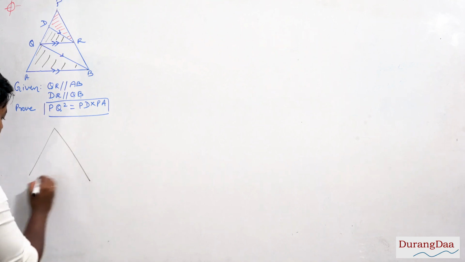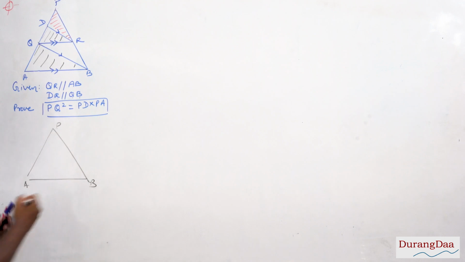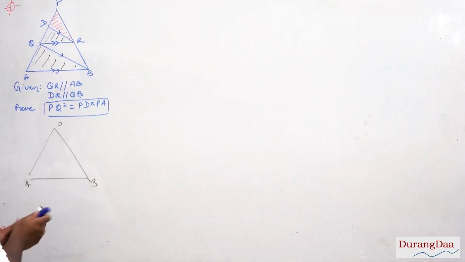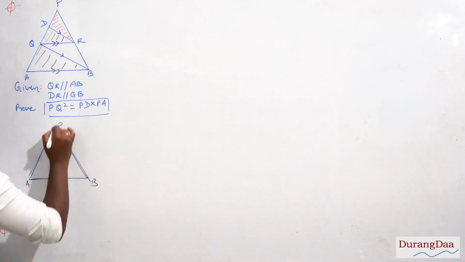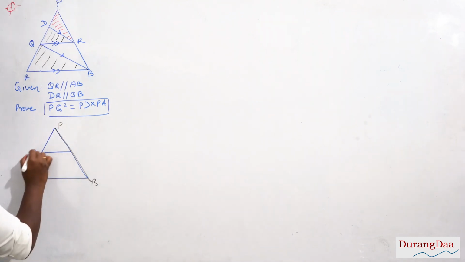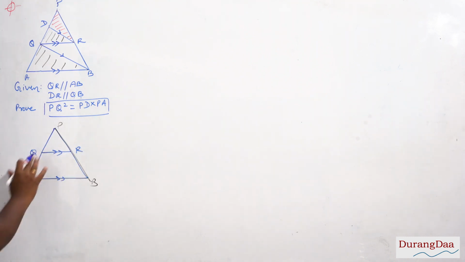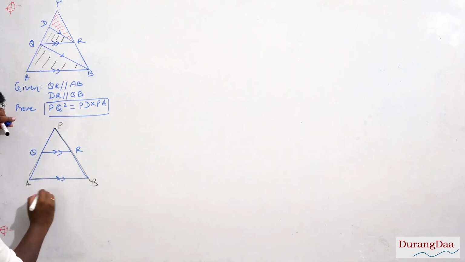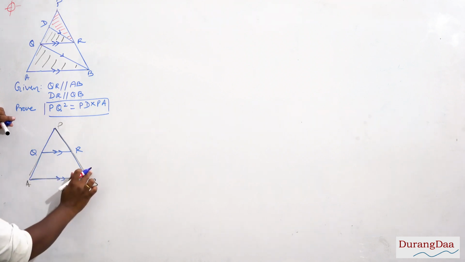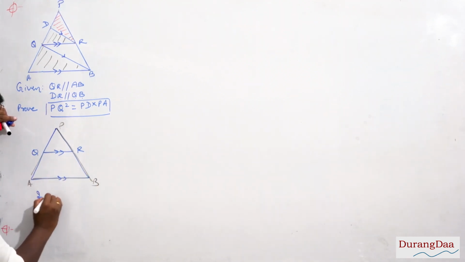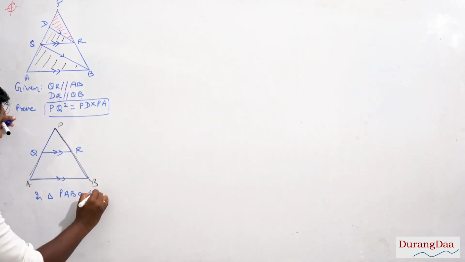First pair you will see here, this is triangle PAB, and here QR is parallel to AB. So from this figure we are going to prove triangle PQR similar to triangle PAB.